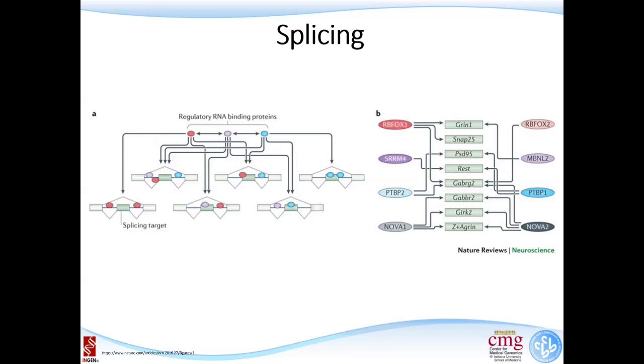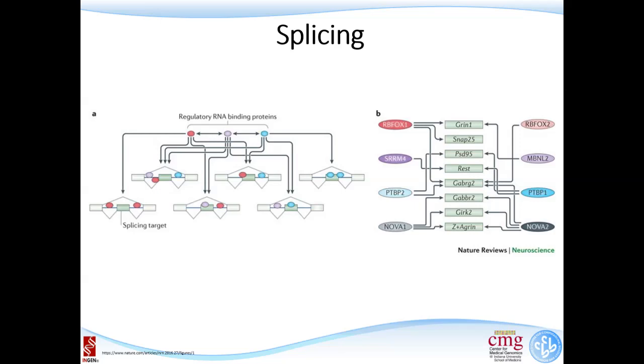There's also been discussion of not only the context, but the concert action of splicing factors, which is if you have one splicing factor binding next to another splicing factor, it could modulate the activity of them together. So it could either cancel out what the previous splicing factor is trying to do, or it could augment it and make it more effective at splicing a particular exon.